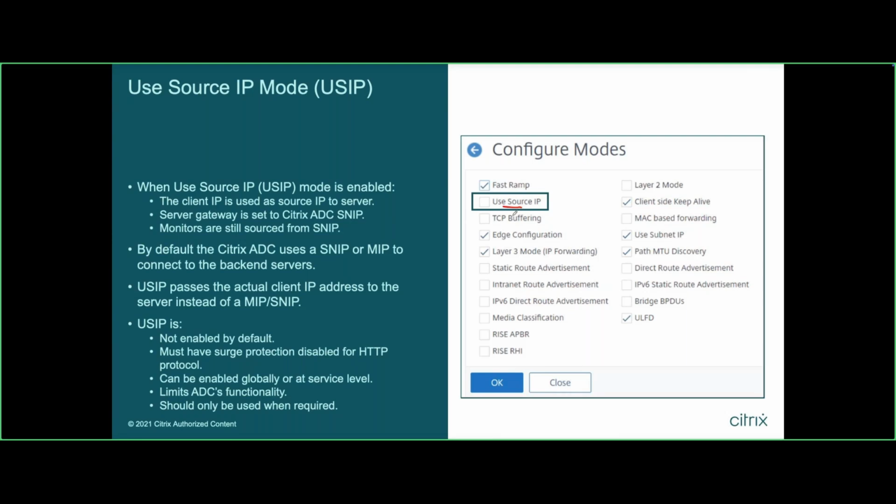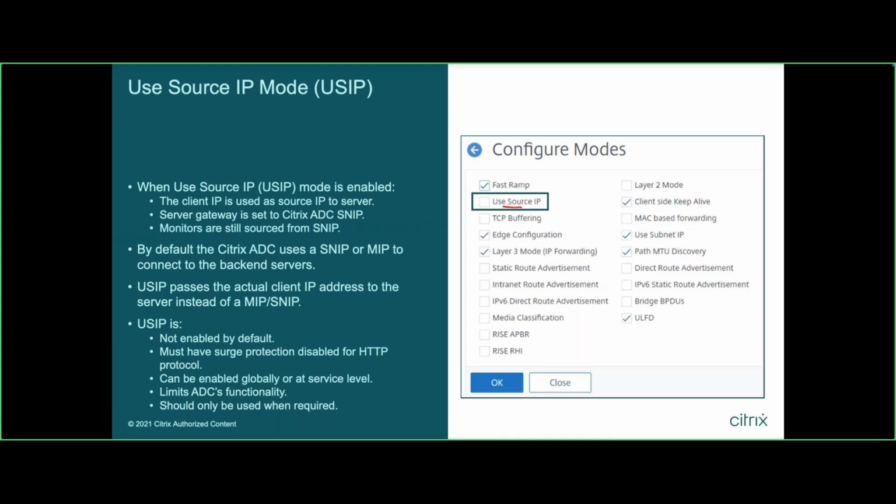But the problem with this is, think of the performance. You will not be able to do surge protection here. If you use source IP, you need to do routing in your environment for all your server responses, right?